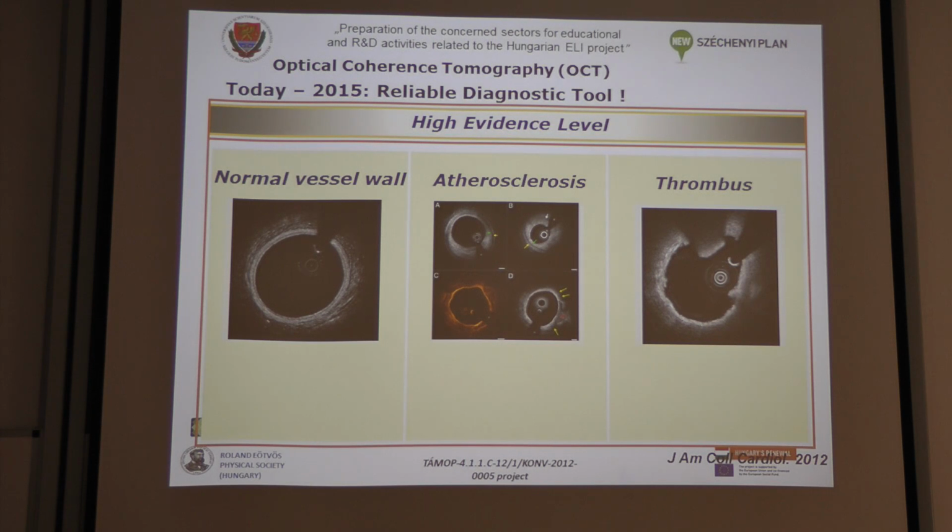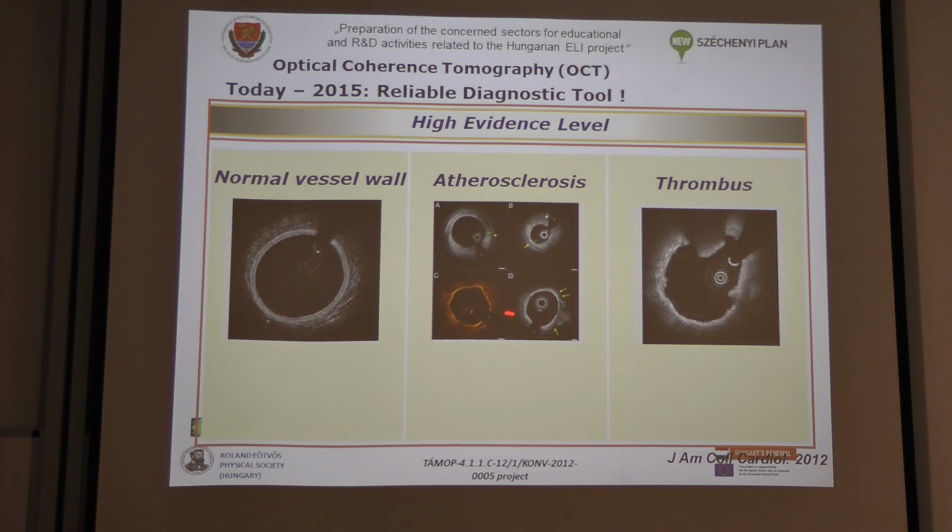OCT is still 2B, but within this 2B general indication there is another kind of approach, the so-called evidence level, in which there are certain proofs already available of what we can gain with the information of the OCT.